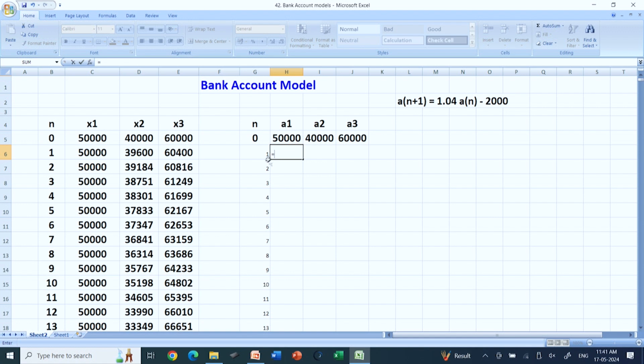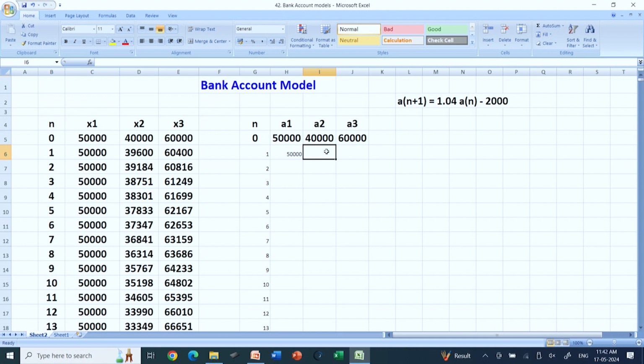So, this is A1 and this value is A0. So, A1 is equal to 1.04 multiplied by A0 minus 2000. So, you see you get this 50,000 back.